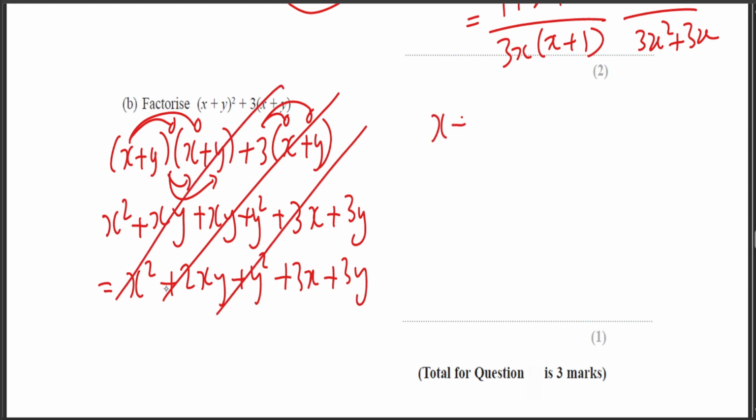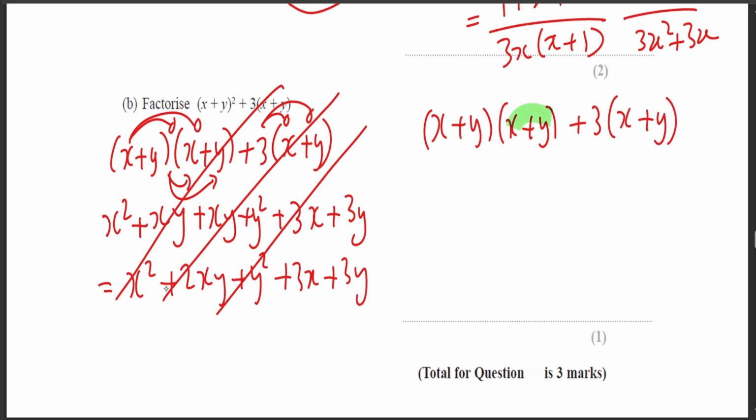But okay, the question was this way: x plus y times x plus y plus 3 into brackets x plus y. Now, since this and this are similar, they're likely the same. So you're just going to take this and this.